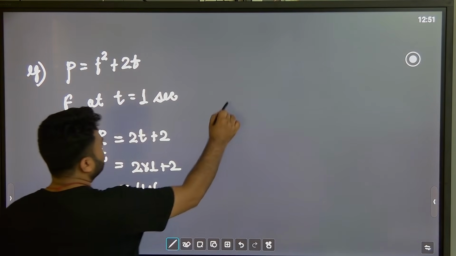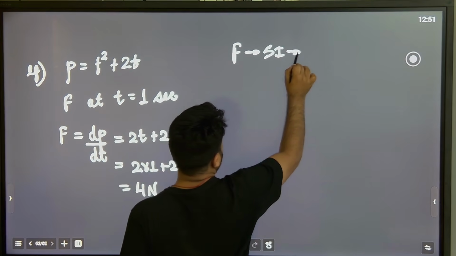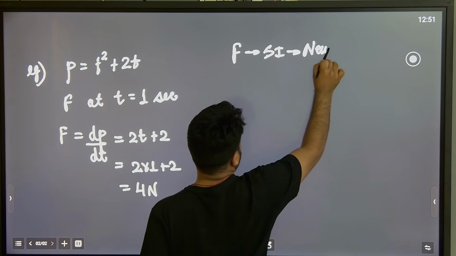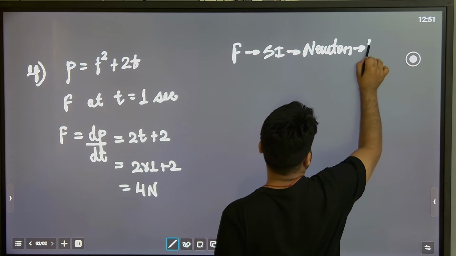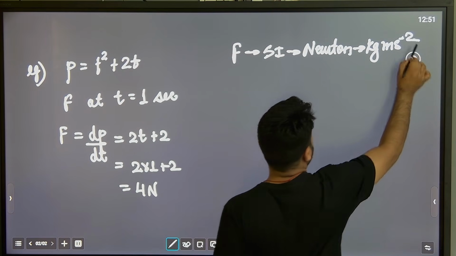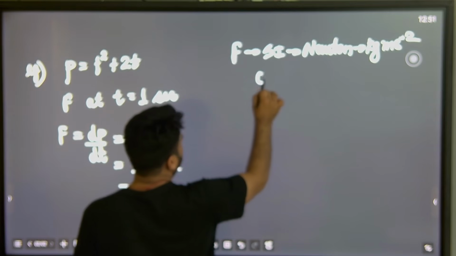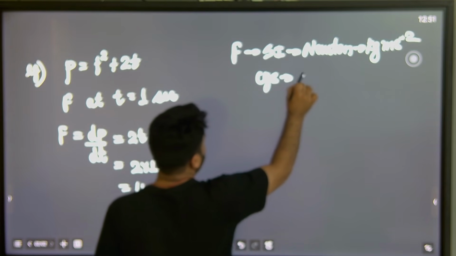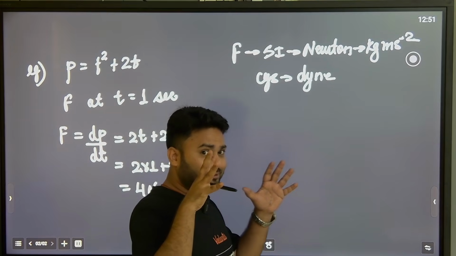The SI unit of force is Newton. Or you can write force is mass into acceleration. Mass is in kg, acceleration is in meter per second square, so 1 kg meter per second square is Newton. The CGS unit is dyne. Not that dyne.